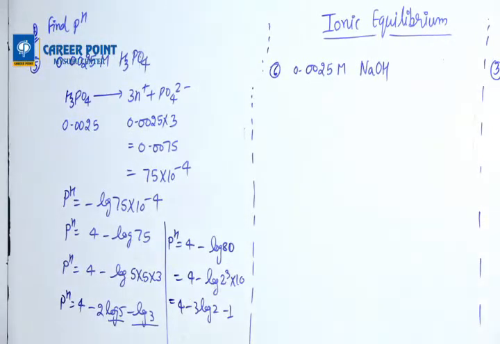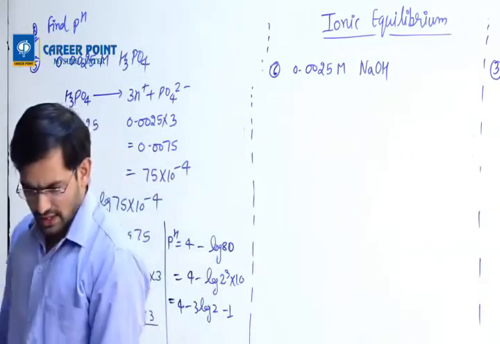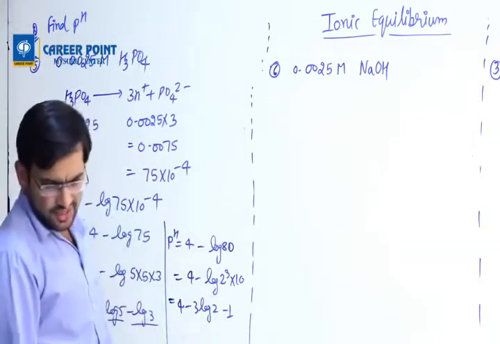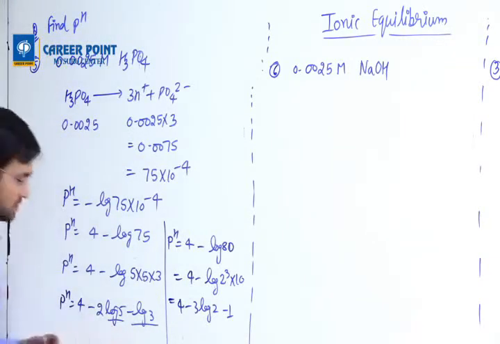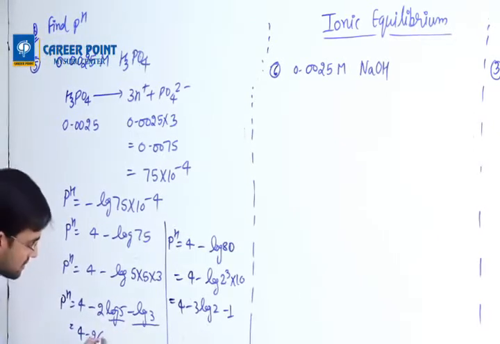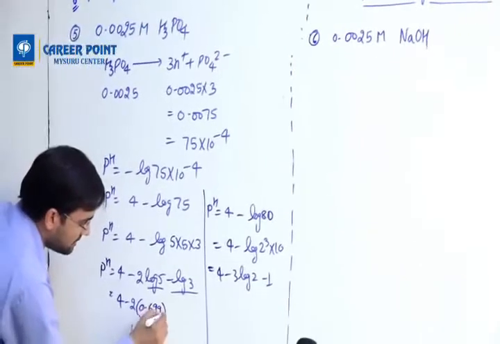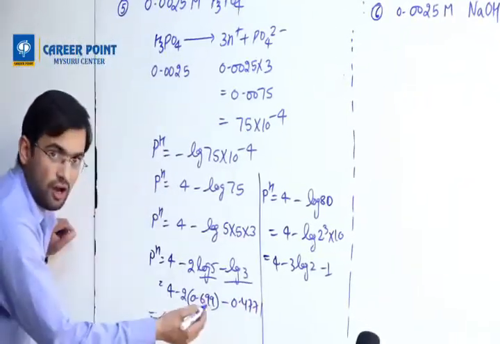Minus log 3 is 0.477. Can you solve it or you want me to solve it?